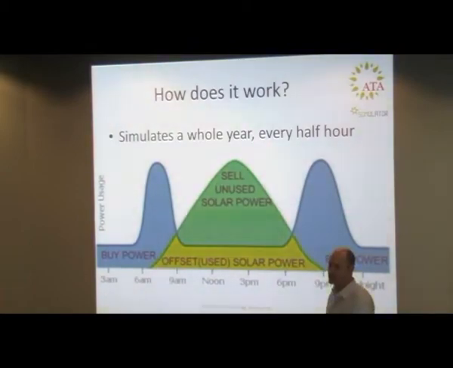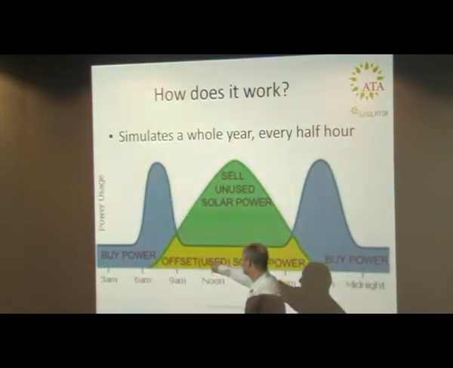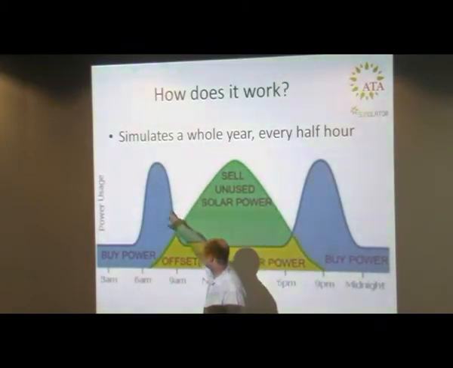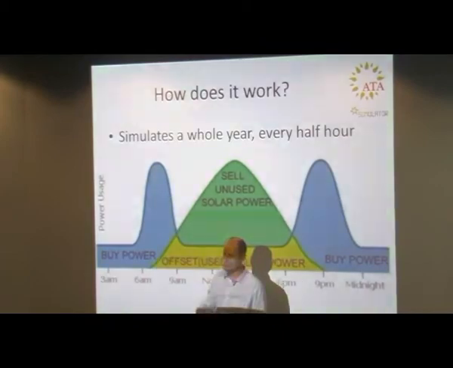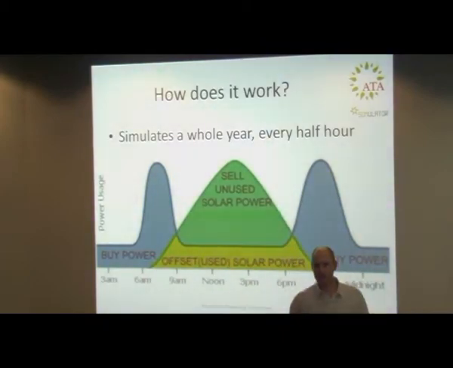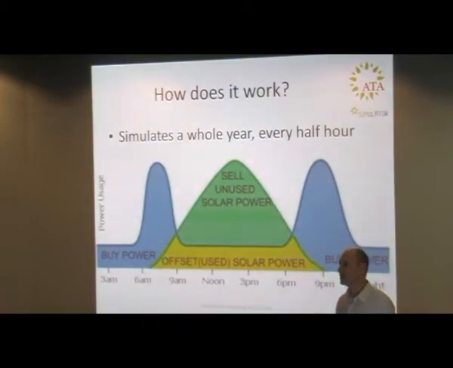What it then does is apply the tariffs onto that. You can put into Sunulator what your tariff is. It might be a flat tariff, 25 cents over the whole day, or it might be a time of use tariff where 7 to 11 on weekdays you're paying 30 cents, and outside that you're paying 15 cents, for example.